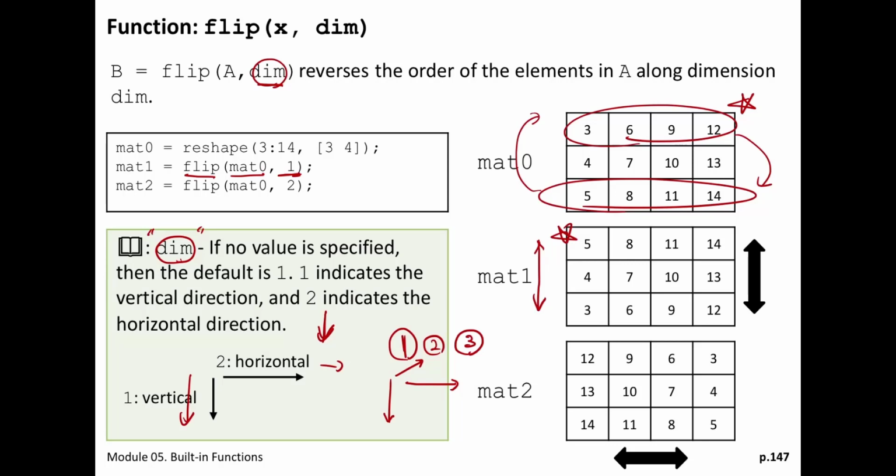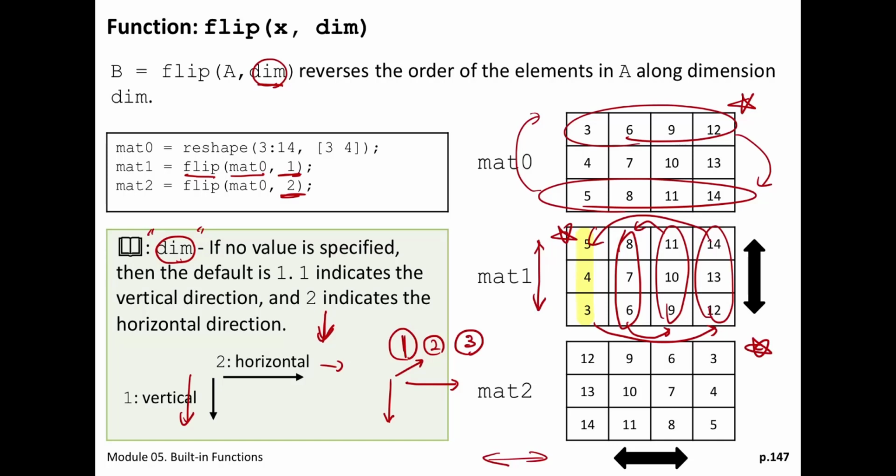What about the mat 0 and 2? They perform this in the horizontal direction. So this goes to here, this goes to here. Oh, sorry. This is not true.